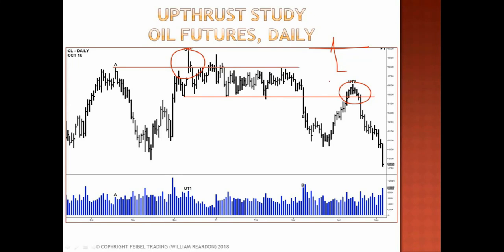And some upthrusts may be difficult to enter, which is okay, because even if we cannot trade the upthrust itself, we can read the act as weakness, and that may give us a license for a trade later on, as it adds to our story of weakness. For example, take this upthrust here, very difficult to trade because we don't close back under.